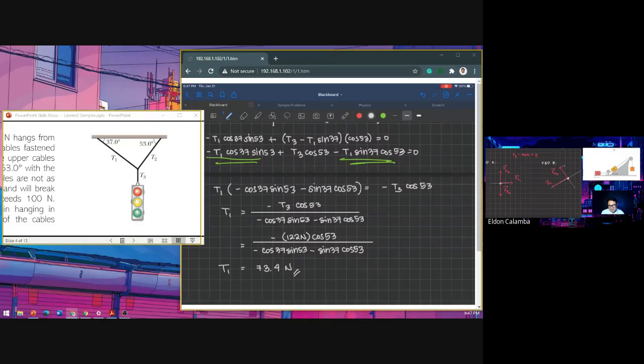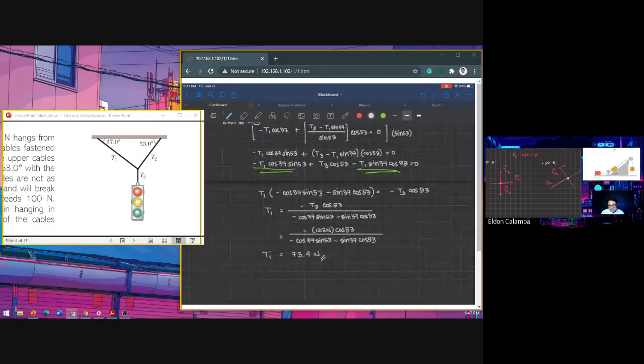Kasi, what we are expecting here na mga values, especially T1, T2, T3, F1, F2, is that mga magnitudes lang kasi ito sila. So, we expect na positive na mga values ang ating makukuha lahat. Okay? Please take note of that one. So, T1 is 73.4 newtons.